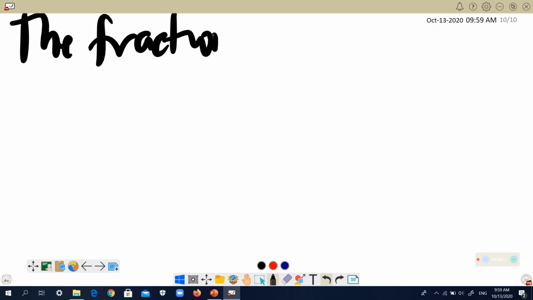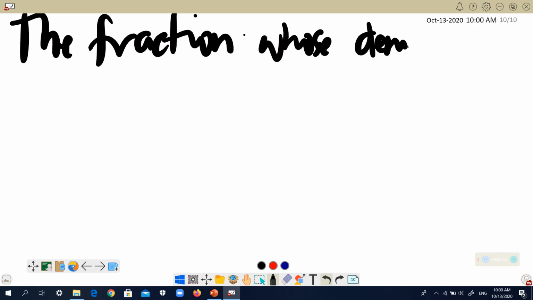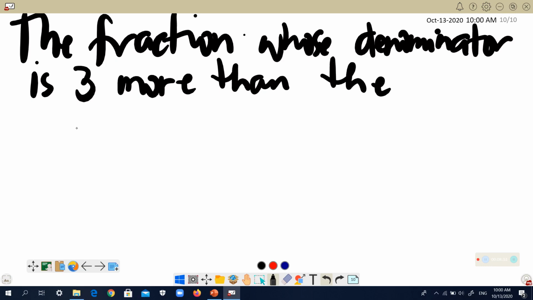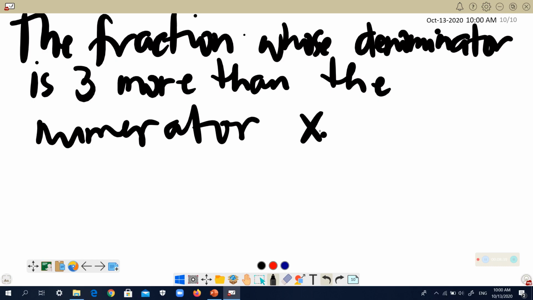But if you are given the statement, the fraction whose denominator, this time the denominator is in the first part of the statement, is 3 more than the numerator, for example represented by x.